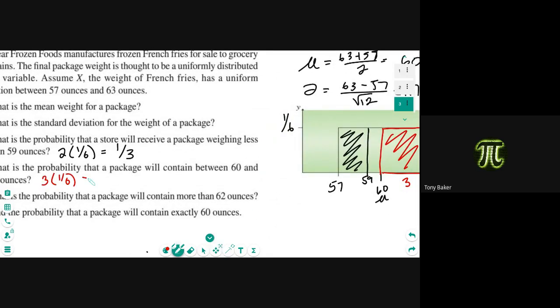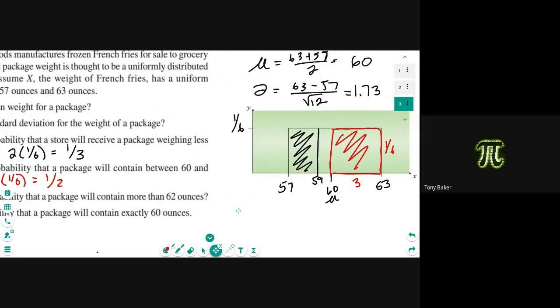Now, that's 1/2, right? You should have been able to figure that out without actually doing any math. 60 is the median, or the mean. So it literally splits it in half. So we're looking at the upper half, that has to be 50%.